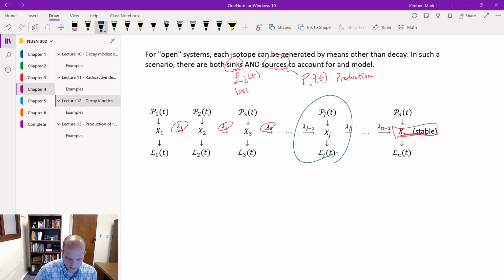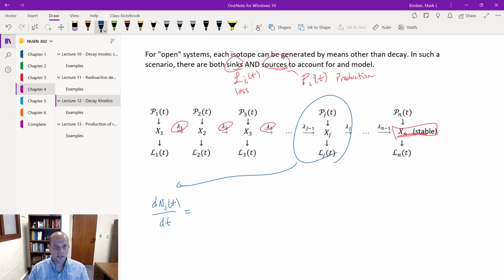So let's take this generic kind of internal analysis and look at what my rate of change balance will look like. I've got dN/dt, the time rate of change of that isotope, the number of atoms, the number of nuclei, that's going to equal the sum.